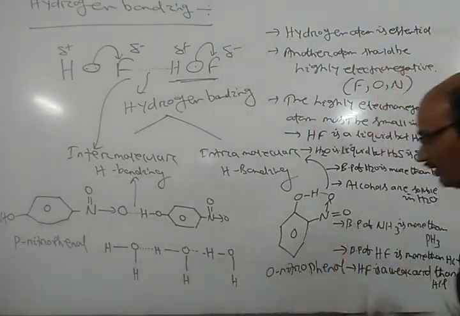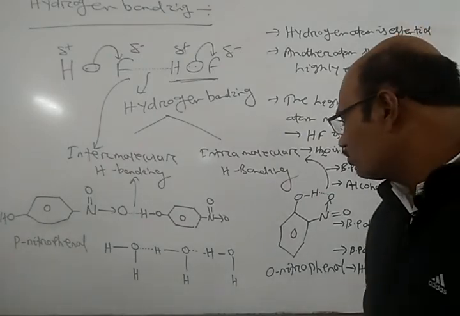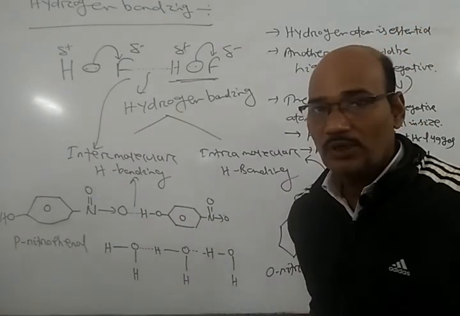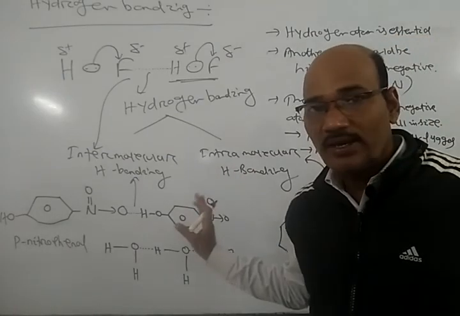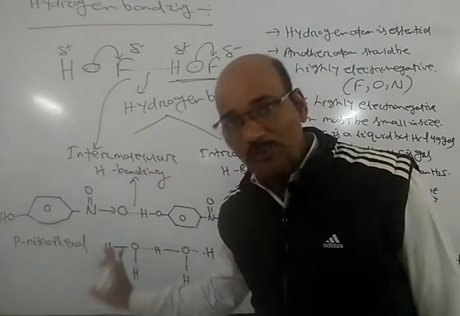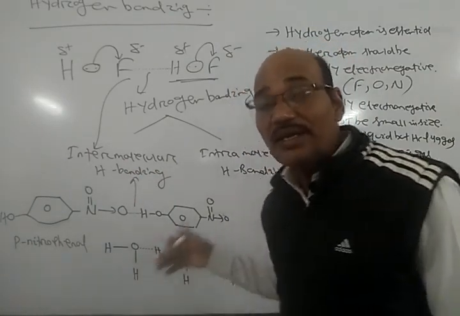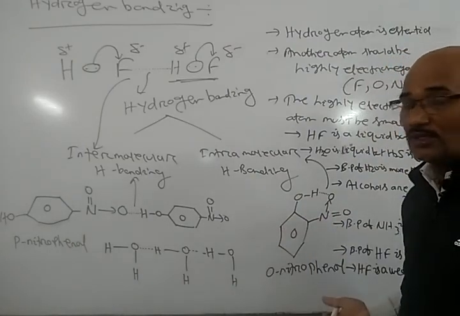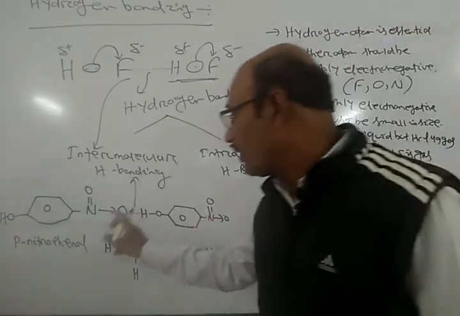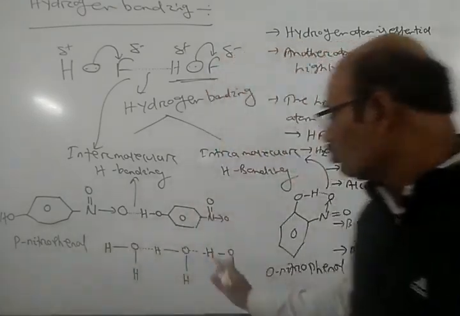Okay. So another thing I want to point out here, if you compare between inter and intra, okay, the species where intermolecular hydrogen bonding is possible are more soluble as compared to species having intramolecular hydrogen bonding. Here, see, if I compare, para-nitrophenol is more soluble as compared to ortho-nitrophenol.